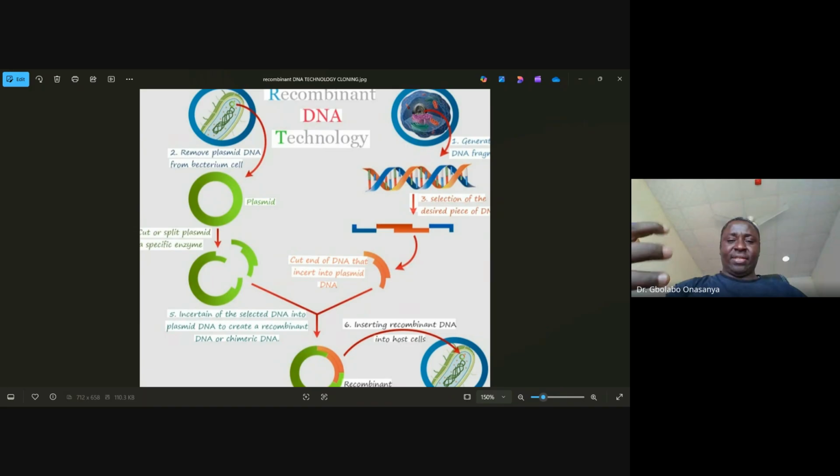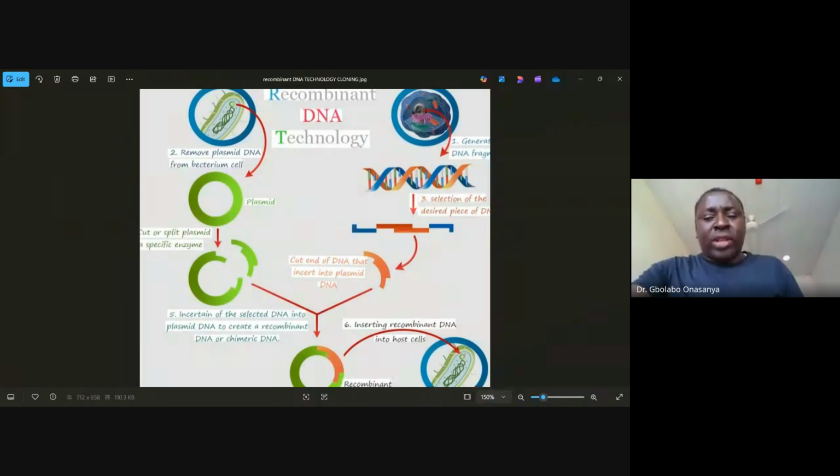Both of them are cut at the restriction site.